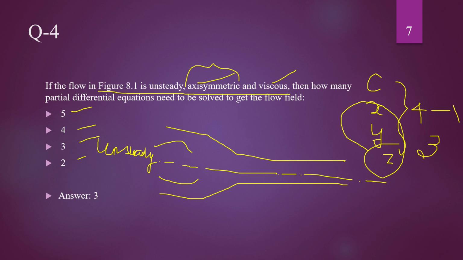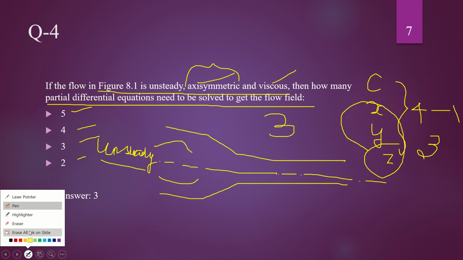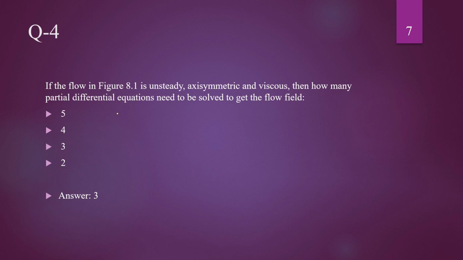Continuity equation plus 2 other momentum balance equations, when put together, give the number of partial differential equations that need to be solved, that is 3 in the current problem. So basically the flow is unsteady, axisymmetric and viscous flow. And how many partial differential equations?